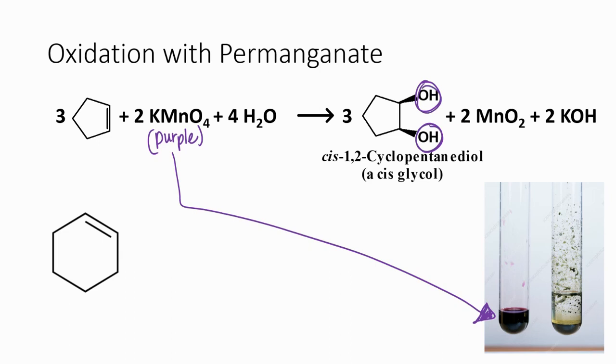In a similar manner to osmium, that manganese ion is going to hold the two oxygens so that they are adding cis on the same side. And the manganese dioxide product that forms is really a deep, dark brown or black color.